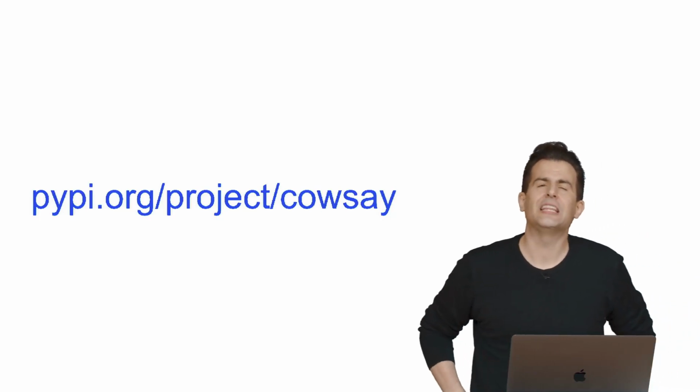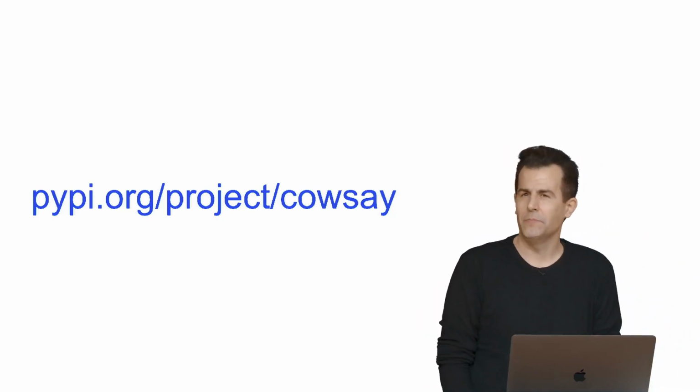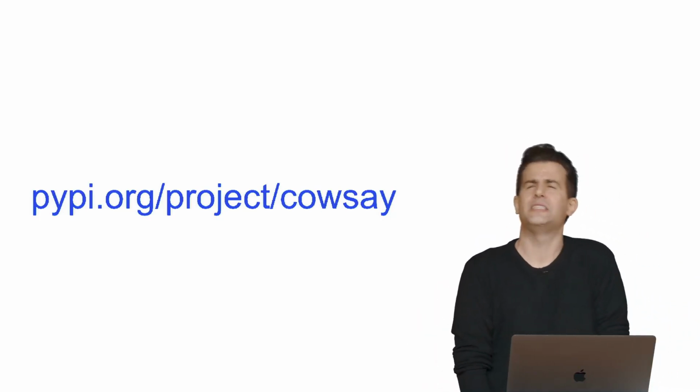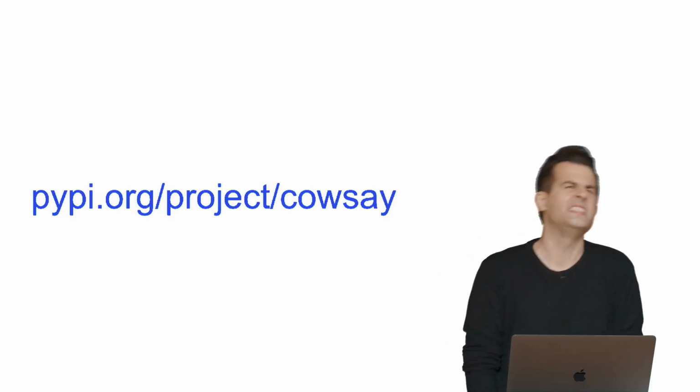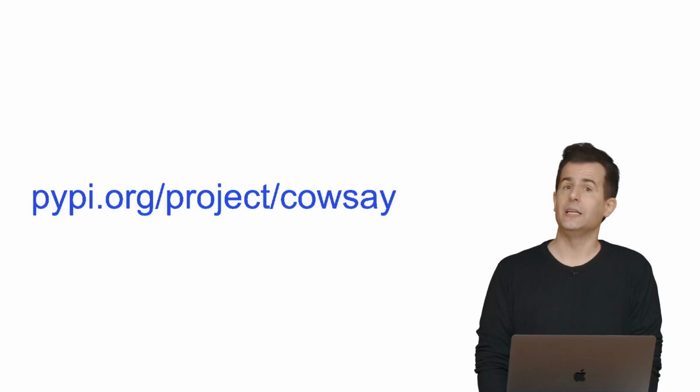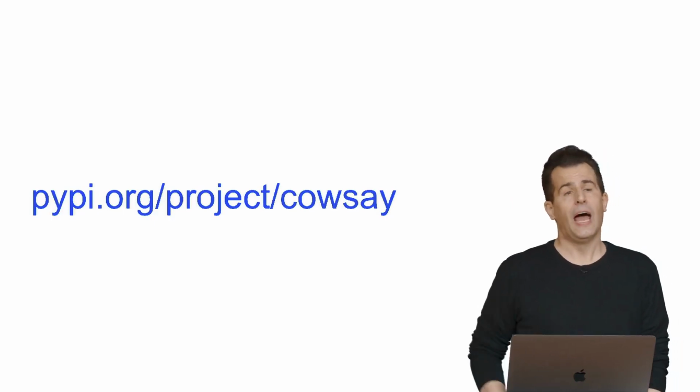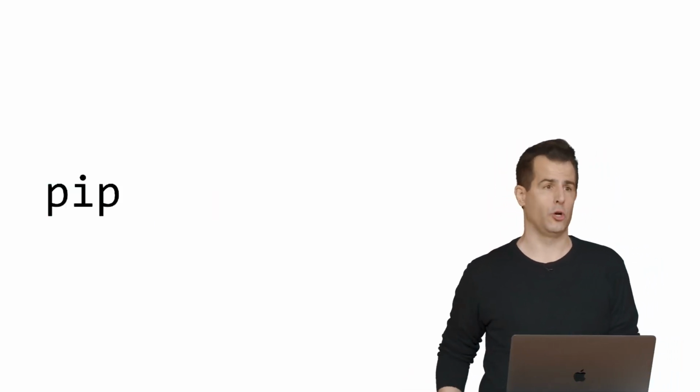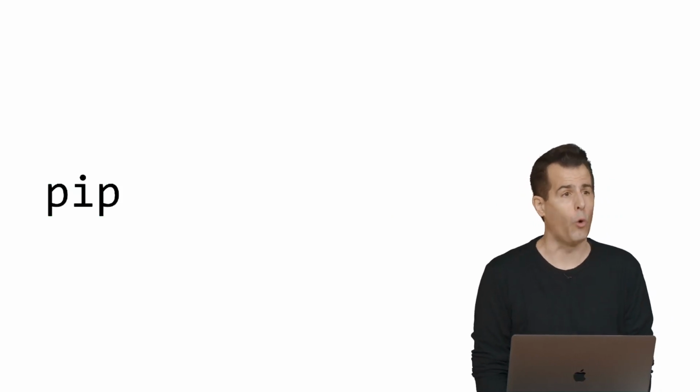But how do you actually get the package into your system? Well, technically, you could figure out how to download the file and maybe unzip it and put it into the right location on your Mac or PC. But nowadays, a lot of languages, Python among them, have what's called their own package manager. This one here is called pip, which is just one.